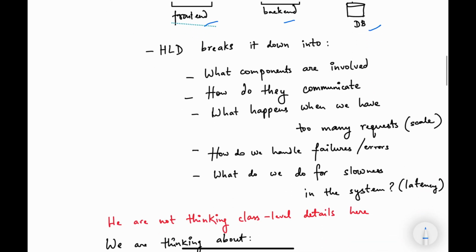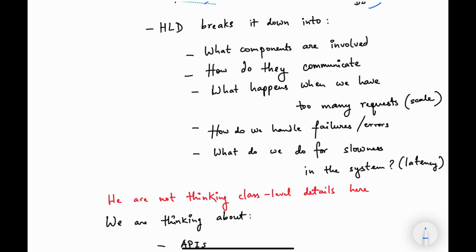So high level design or HLD breaks down into a few pointers. The first question that high level design answers is what components are involved in building a system. Second, it tells us how these components communicate.